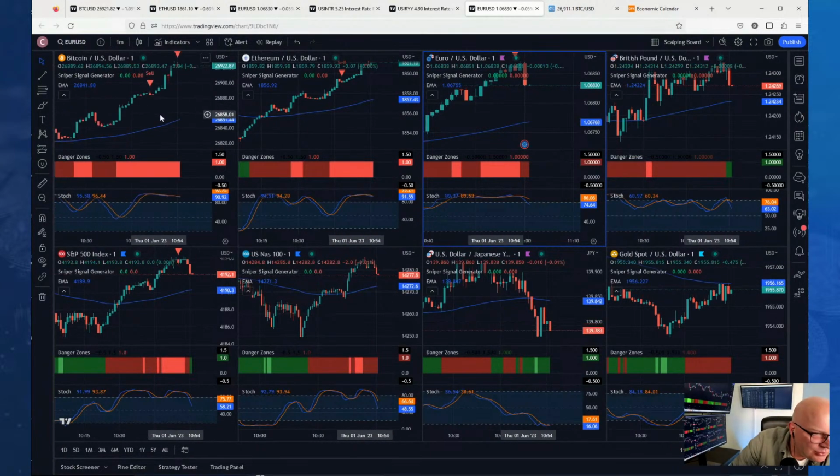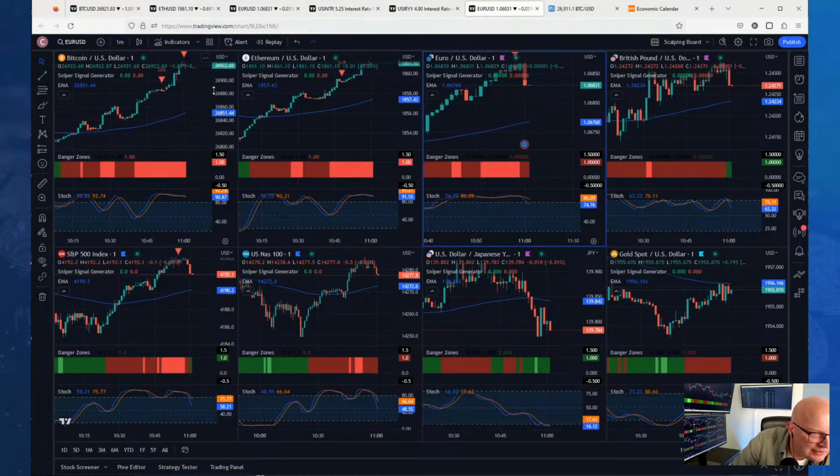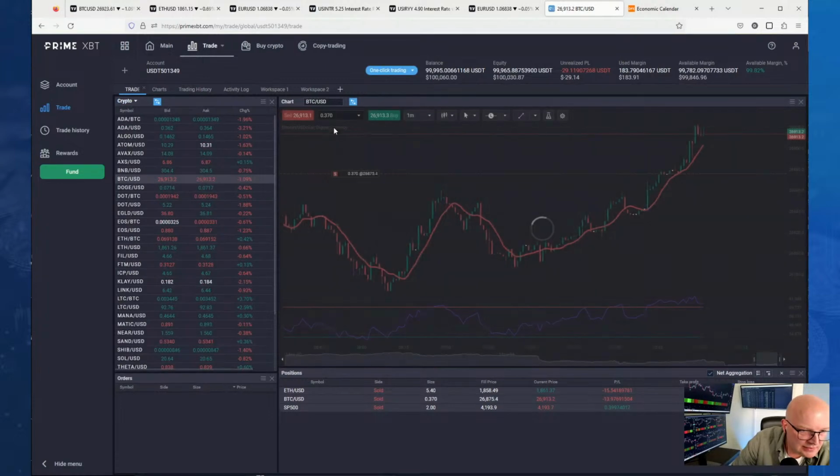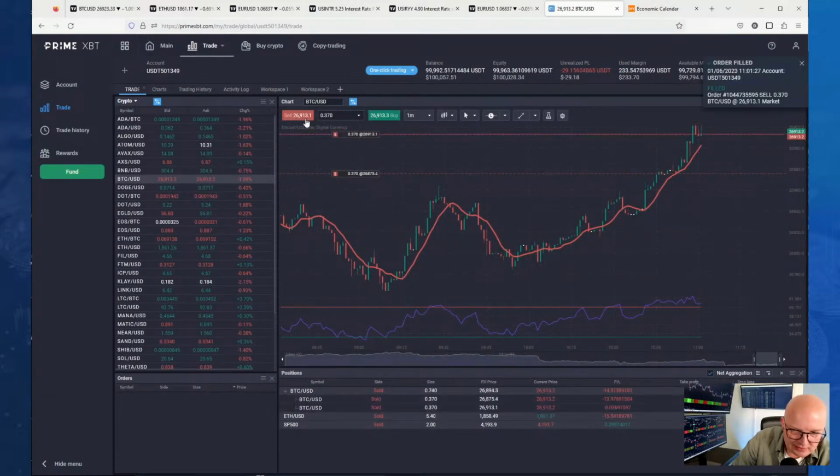And potentially we can build up on our Bitcoin position again. Yeah, we have another signal here in Bitcoin. So let's go back to crypto, BTC, and sell additionally. So we have 2 Bitcoin positions now.